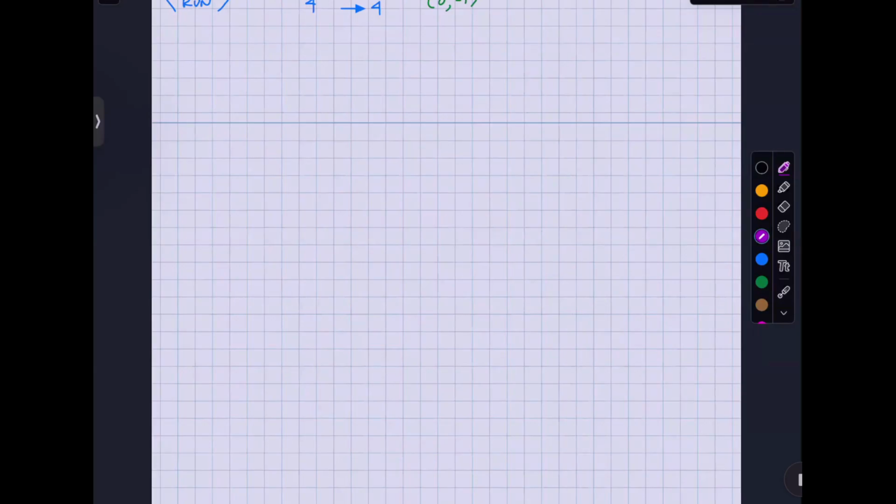Horizontal or vertical, right? So we got this line and we got this line, right? So if there's only x or y in it, then it's got to be one of those.